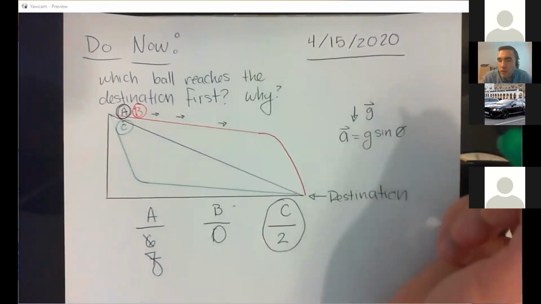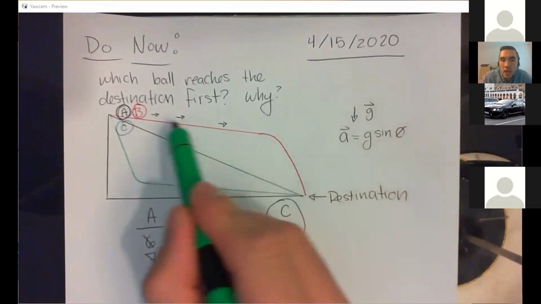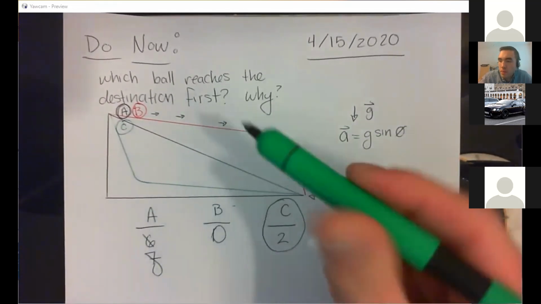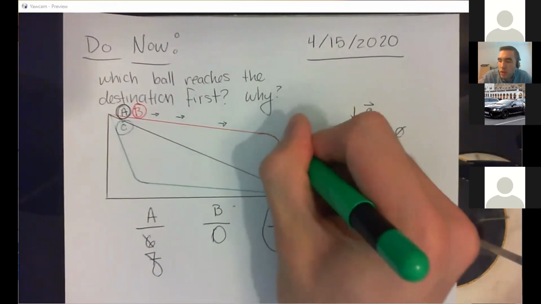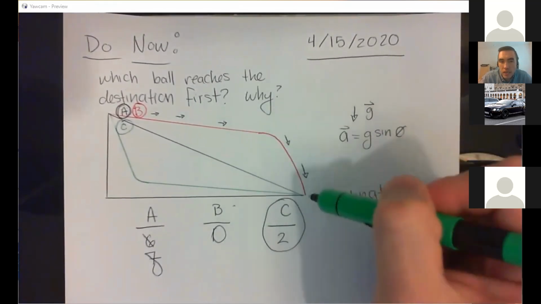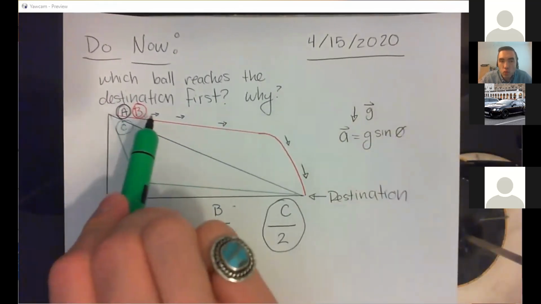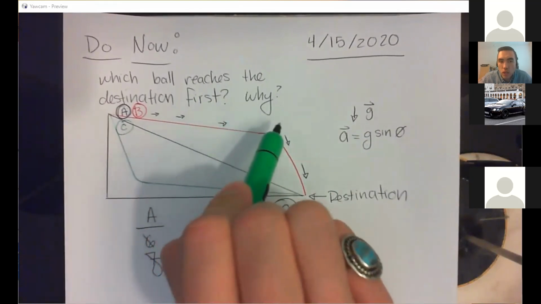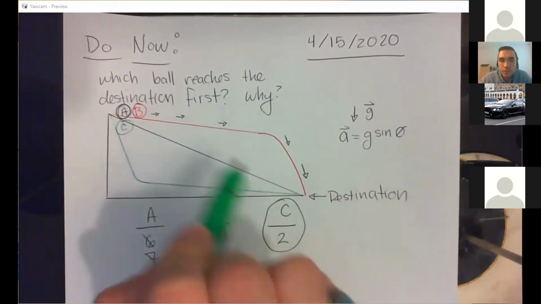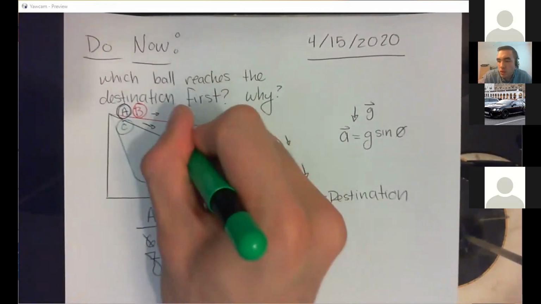And keep in mind that these vectors that I'm drawing are tiny accelerations, not velocities, right? It is going to speed up as it goes down the ramp, but the biggest acceleration that it will have is going to be right at the end. While this last part at the end will cause it to speed up, it went really slowly this whole time and then sped up at the end. In terms of A, it's going to have the same acceleration the whole time.